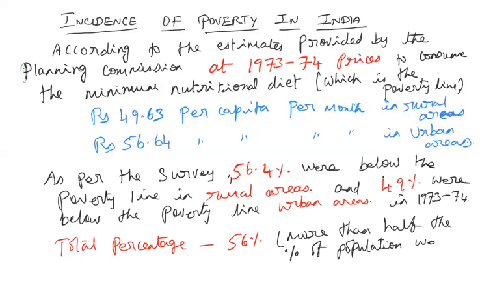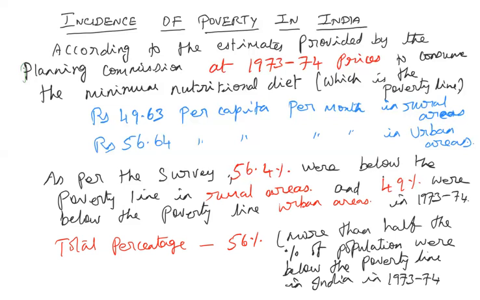were not able to spend the required consumption expenditure to meet the required amount of calories. So that much percentage of the population were below the poverty line in India in 1973-74.